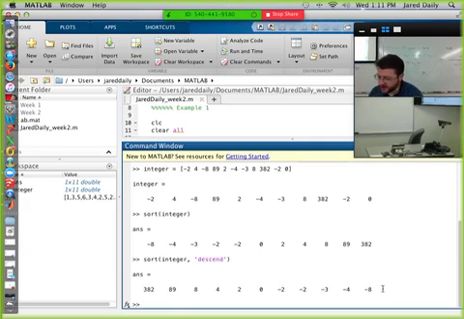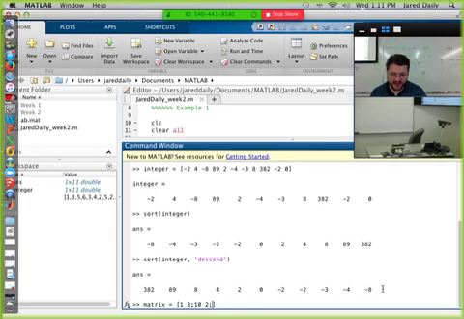If we build a matrix, we'll call it matrix. So we build a matrix called matrix, and I'm going to use a different format this time, just so we learn to use different formats.